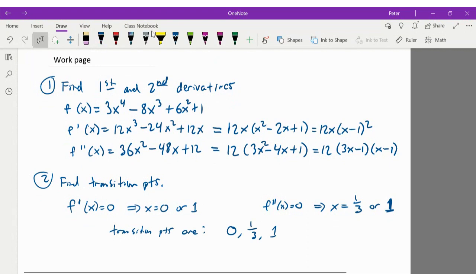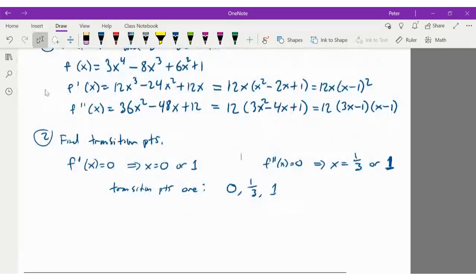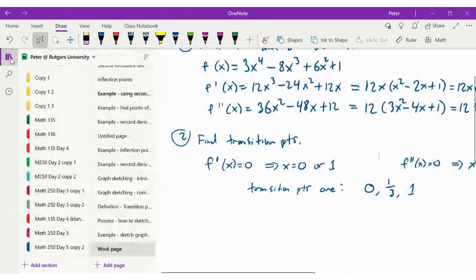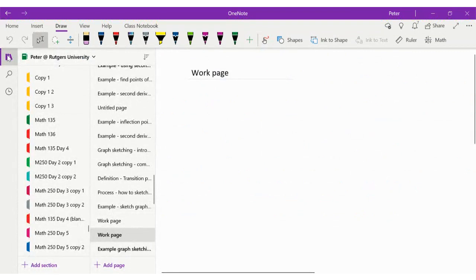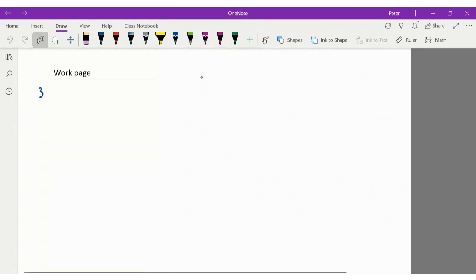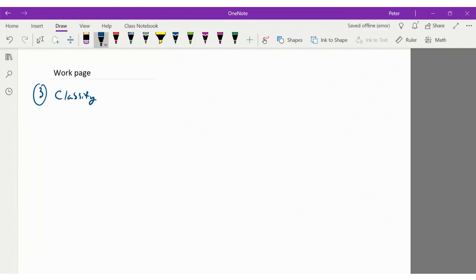Okay. So what we want to do now, I'm going to switch to the next page just so I have more space. So step 3, let's classify critical numbers 0 and 1 as mins or maxes, or neither.